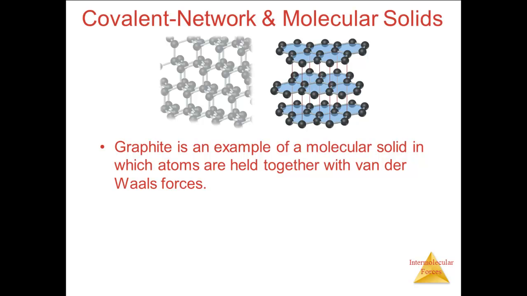In molecular substances, the covalent bonds are limited to a few atoms, with some things having a lot of atoms, and then they stop. These collections of atoms are held together by van der Waals forces. The example shown is graphite, another form of carbon.